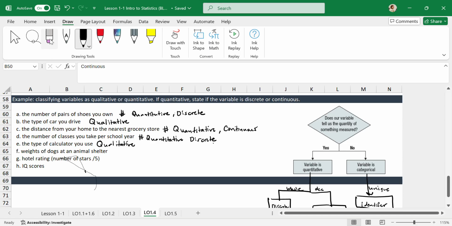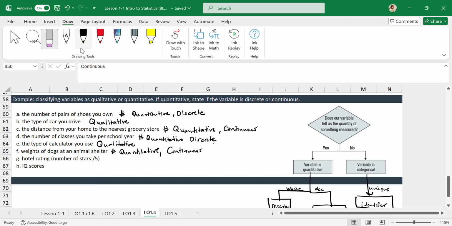Weights of dogs at an animal shelter, that's definitely a number, so it would be quantitative. And again, a weight is something that you measure that can have a decimal, making it continuous.